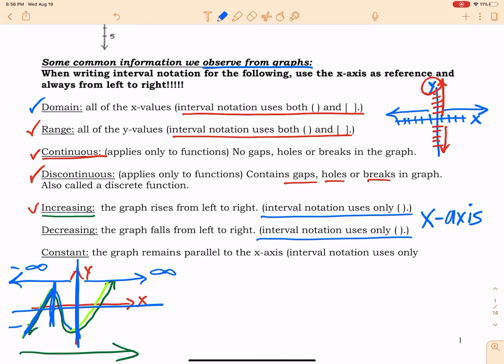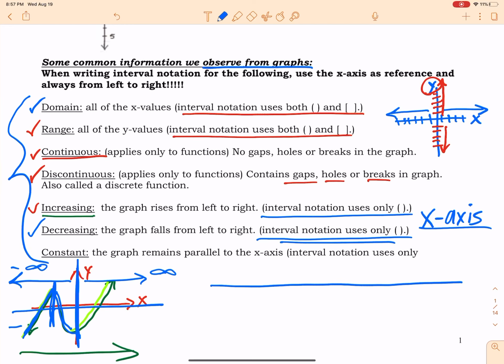And then, of course, decreasing from left to right using interval notation and the x-axis. Constant, that just means it remains constant. That is what that's going to look like. So we are going to fill out a parent function from just a blank, and we're going to address what all of these physically do in the next video.